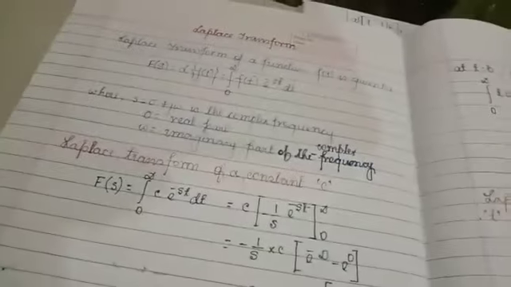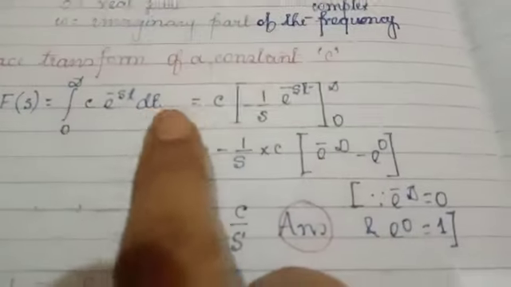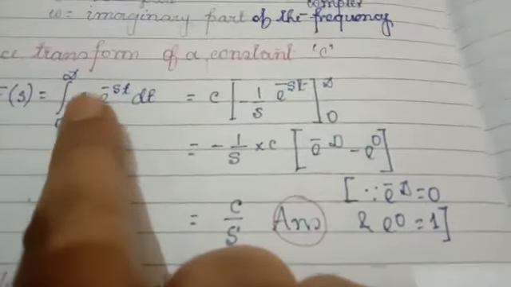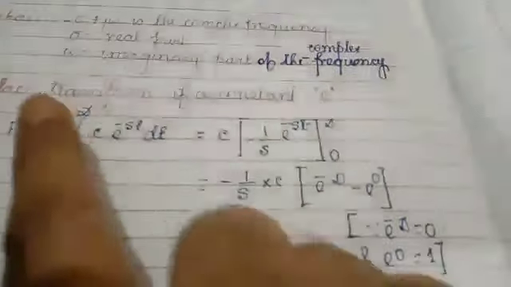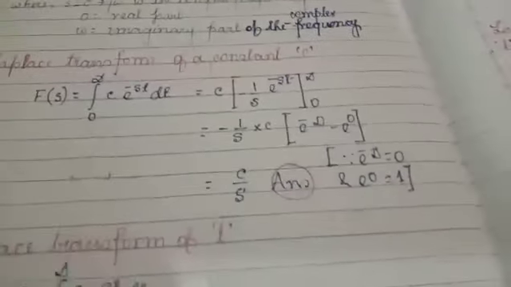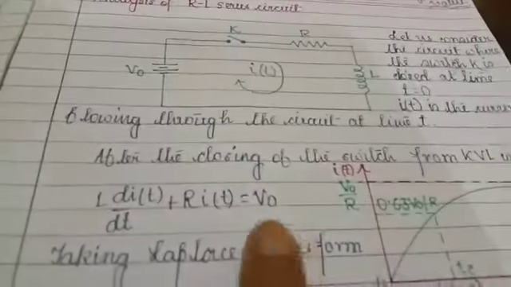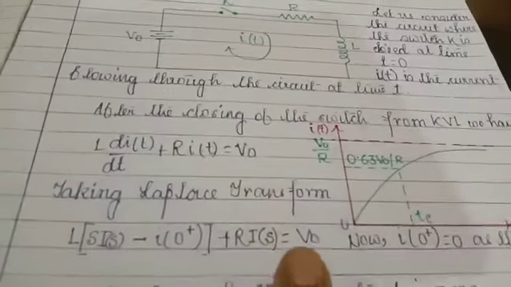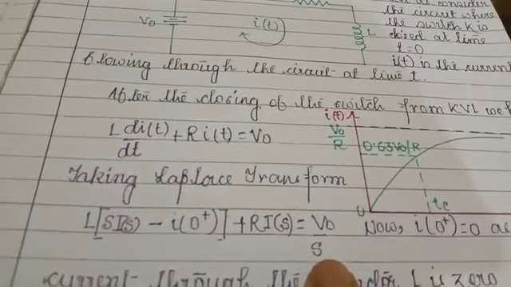The Laplace transform of a constant C is C by s. V0 here is constant, it is a DC source, so it is constant with time. Its Laplace transform will be V0 by s.